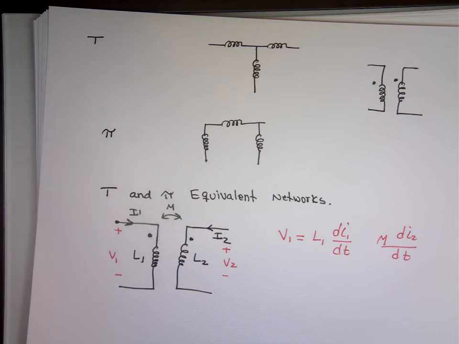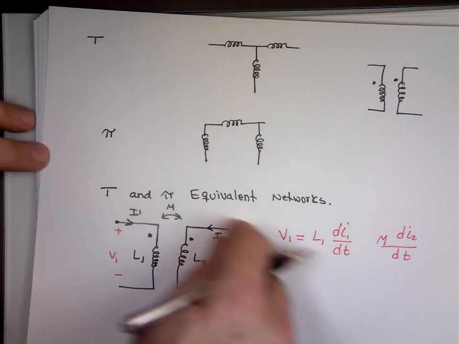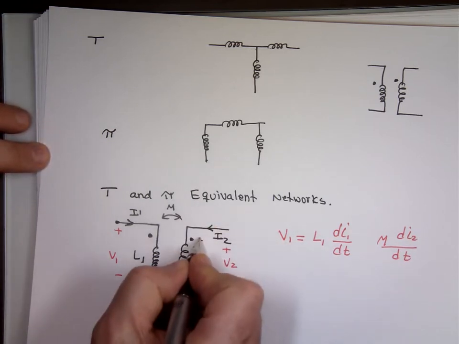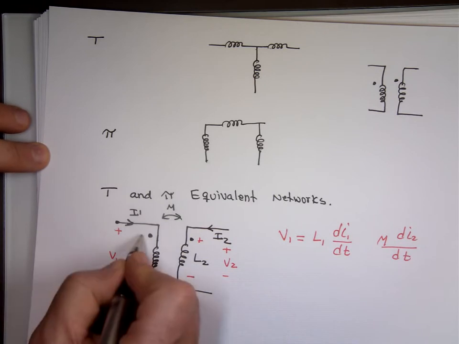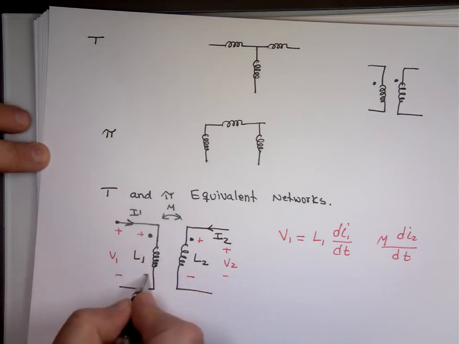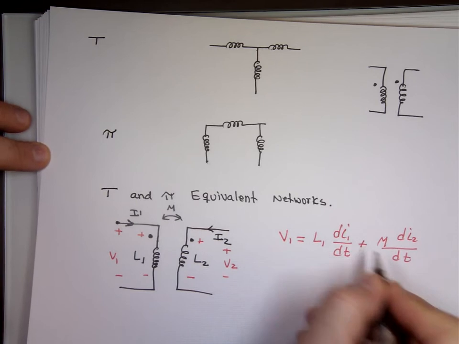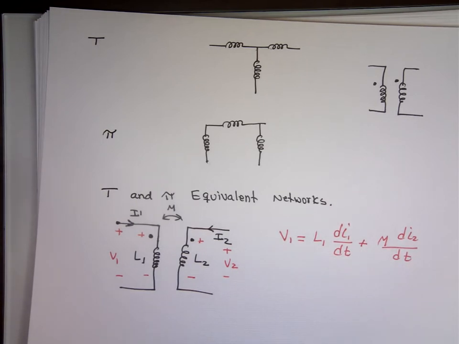And again, is it positive or negative? The current's entering this way, so I'm going to mark it plus to minus. It's going to make this dot plus to minus. That's a positive. What about V2?